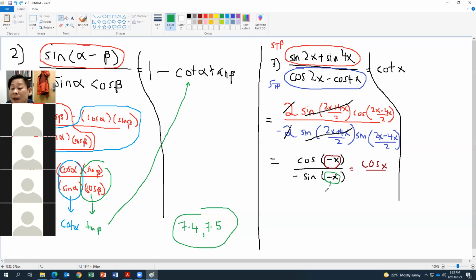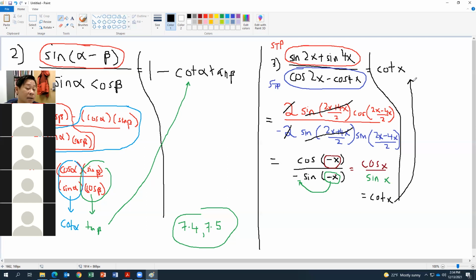This negative, you have to move to the front. And since we got another negative, what is negative sine of -x? This is just sine x because 2 negatives become positive. And when you divide this, you will get cotangent x because cosine over sine is cotangent, which is the same as your right hand side.